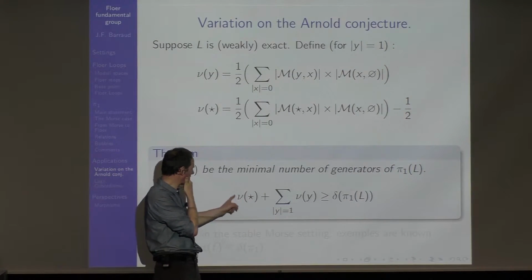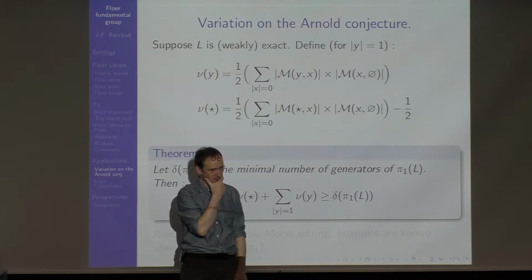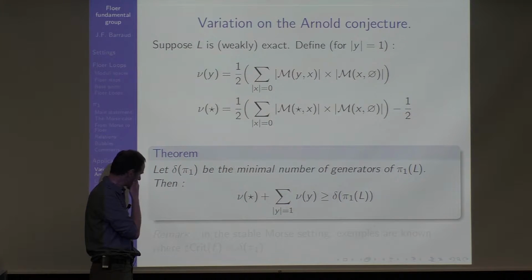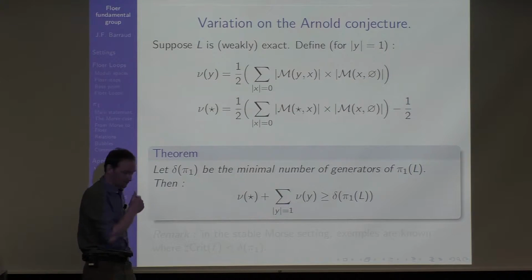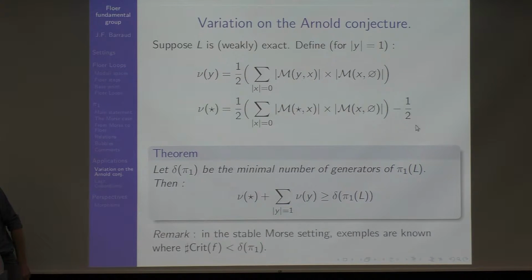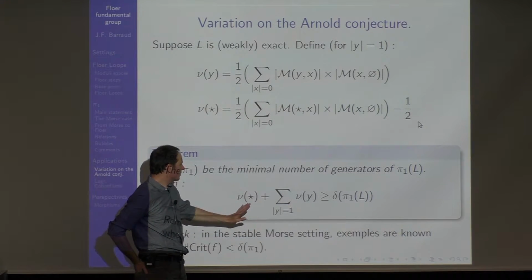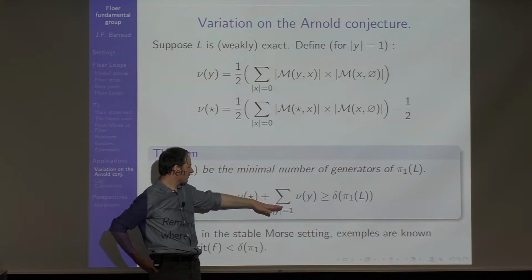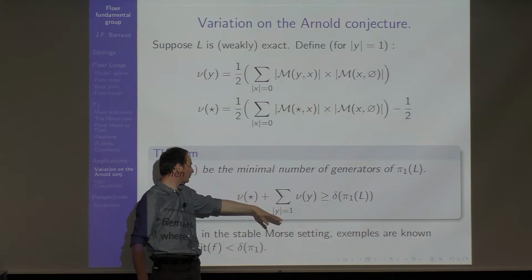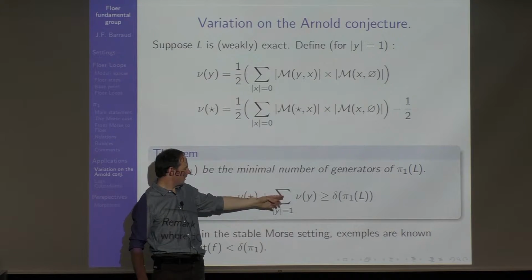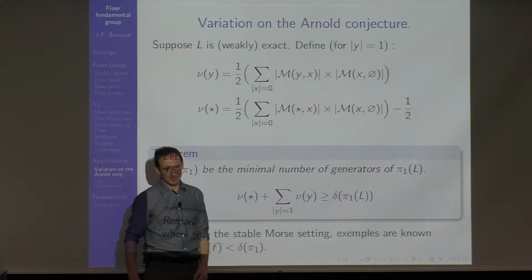Of course, you can ask, is the notion of multiplicity necessary? I don't know. One comment is that if you believe in one of the strong versions of the Arnold conjecture, you expect that you don't need any multiplicity here.